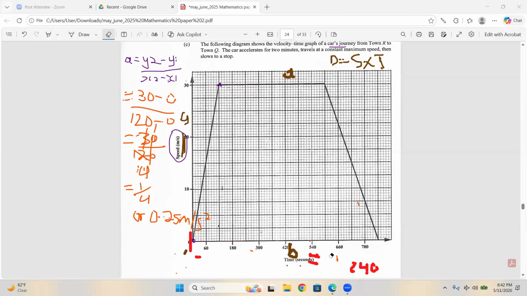And then for A, according to the time axis as well, A starts from here, which I initially said was 120 before. And it ends there.